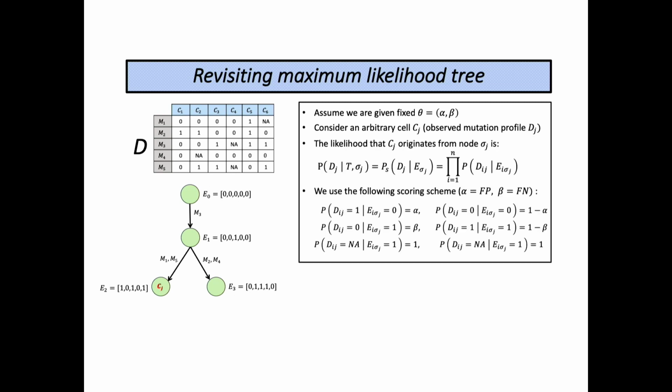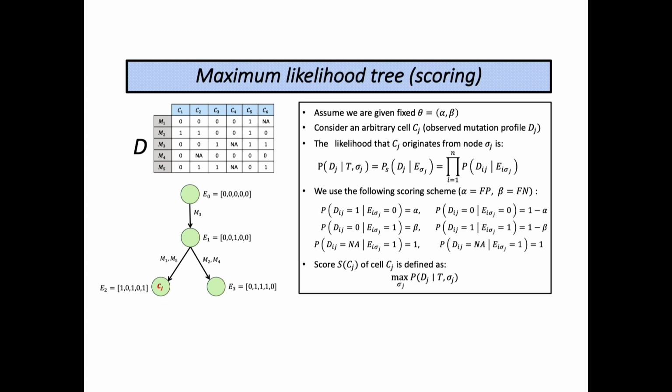I'll skip the details, but my goal is to come up with a tree topology that maximizes the probability of all cells. So I'm trying to maximize the sum of the log probabilities of each of these cells in the tree space. And for doing that, I should look for trees that satisfy the infinite sites assumption, that every mutation occurs exactly once in the tree.